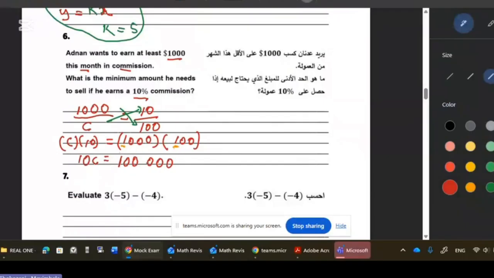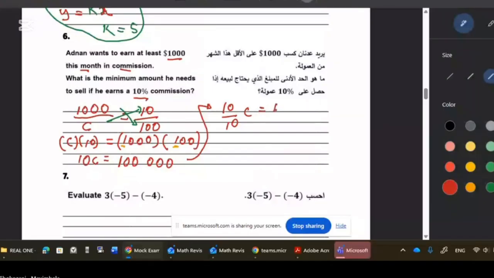1,000 times 100. So now I am going to try to divide both sides by 10. And I'm going to take it here. Right. And I'm going to say 10 divided by 10. I'm looking for C there. And remember, he needs this guy he wants.